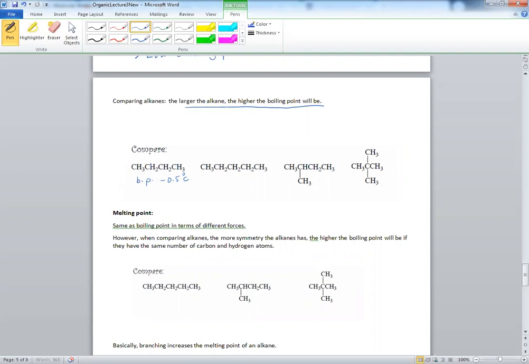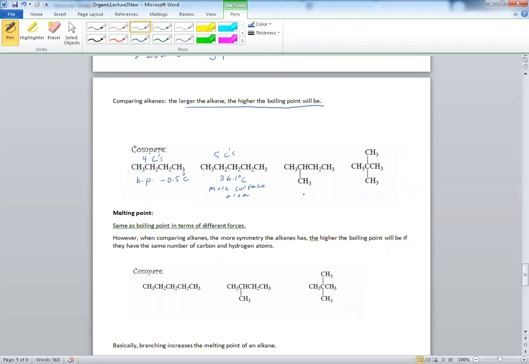As we move here, notice that there's an extra carbon there. I'm sure you can see it. So this one has 4 carbons, and now this one has 5. The boiling point of this is 36 degrees Celsius, and the reason is that it's a longer molecule, so now you have increased surface area.